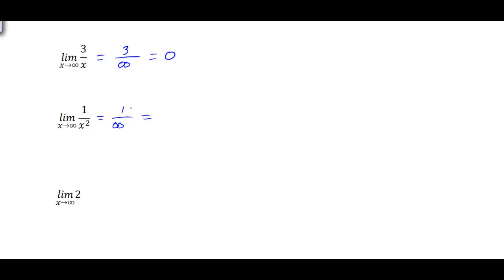So 1 over infinity squared is infinity. So again, we have 0 as our limit. And once again, what that tells us is you're going to have a horizontal asymptote for each one of these: your horizontal asymptote would be y equals 0 and y equals 0.